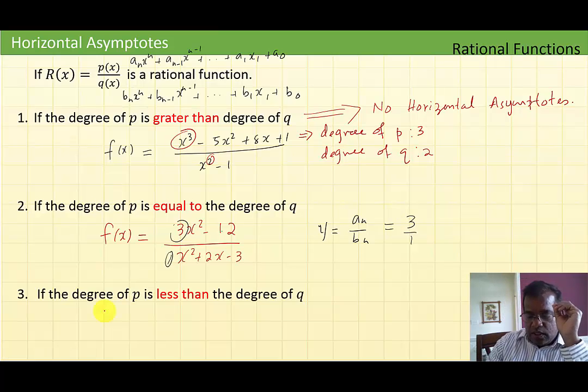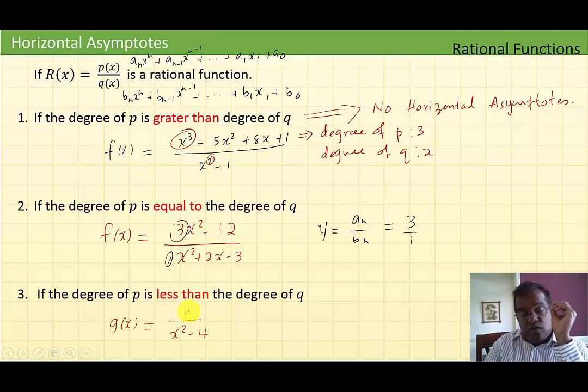Now, if the degree of p is less than the degree of q, for example, g(x) that we had earlier, 1 over x squared minus 4. The degree of p is 0 and the degree of q is 2. So when the degree of p is less than the degree of q, y equal to 0 is the horizontal asymptote.